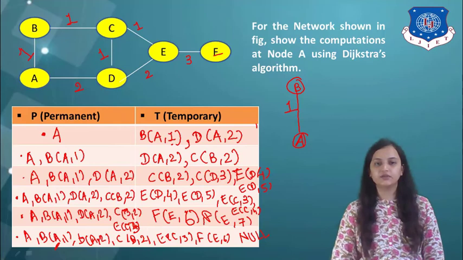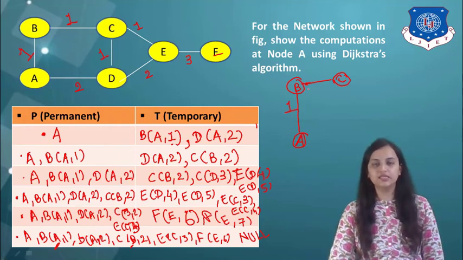Then the next is CB2. That means we are shifting to the value C from the node B with the distance 2. Now always the distance is calculated from the root node. So here 1 is there, so 1 plus 1, 2.